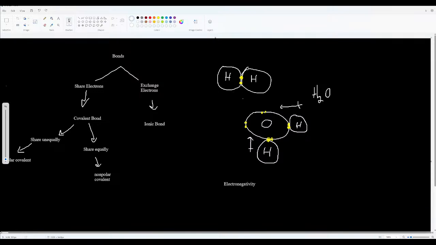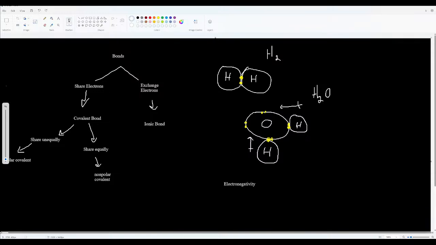Here, hydrogen bonded to hydrogen, H2. They're happy together. They share equally. Here with water, they share unequally, right? Oxygen is a bit of an electron hog, because of its high electronegativity. So here I've drawn what's known as a dipole.